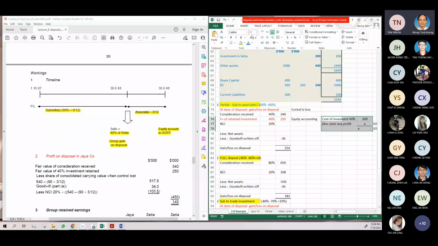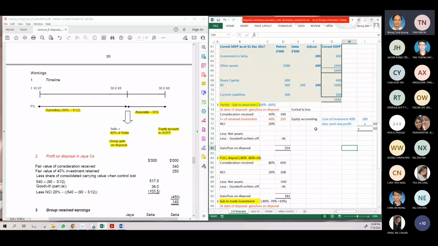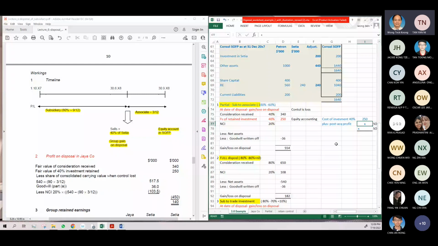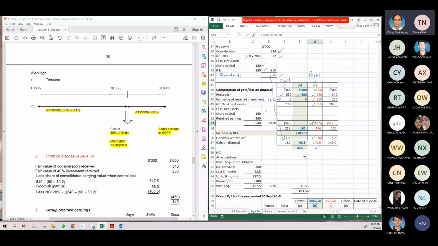So you have equity 250, and you share the 3 month profit, 40% of it. Do you have any question? This is considered the most complicated: subsidiary disposal becoming associate. You must know how to consolidate the 9 month subsidiary and do equity accounting for the associate. So it tests you on 2 topics: subsidiary consolidation and equity accounting.